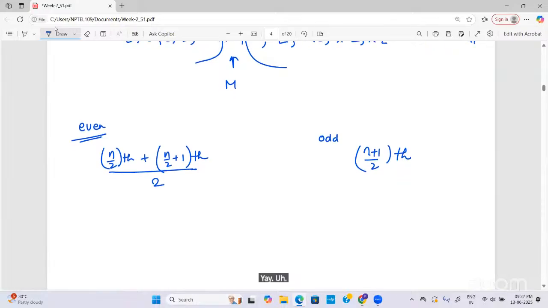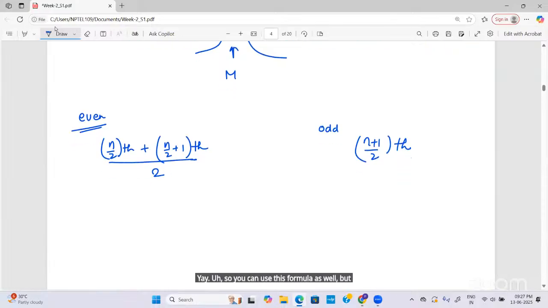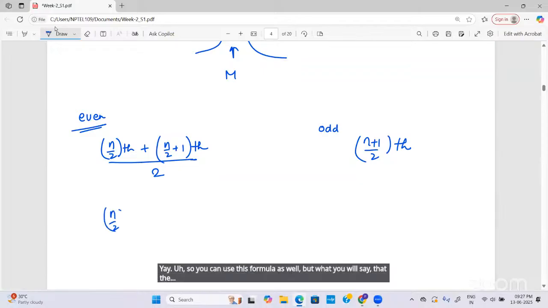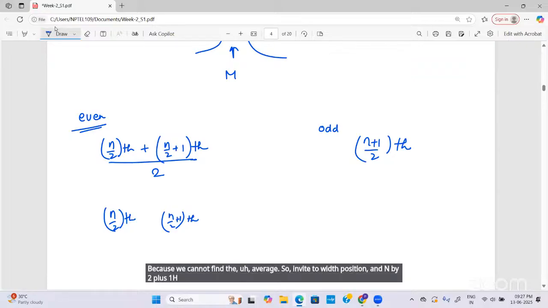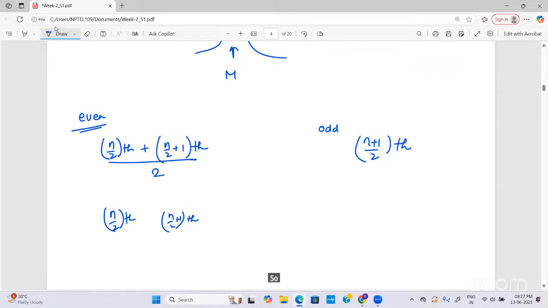You can use this formula as well, but you will say that the value at this position is the median, because we cannot find the average. So the values at the n by 2th position and the n by 2 plus 1th position will be your median.